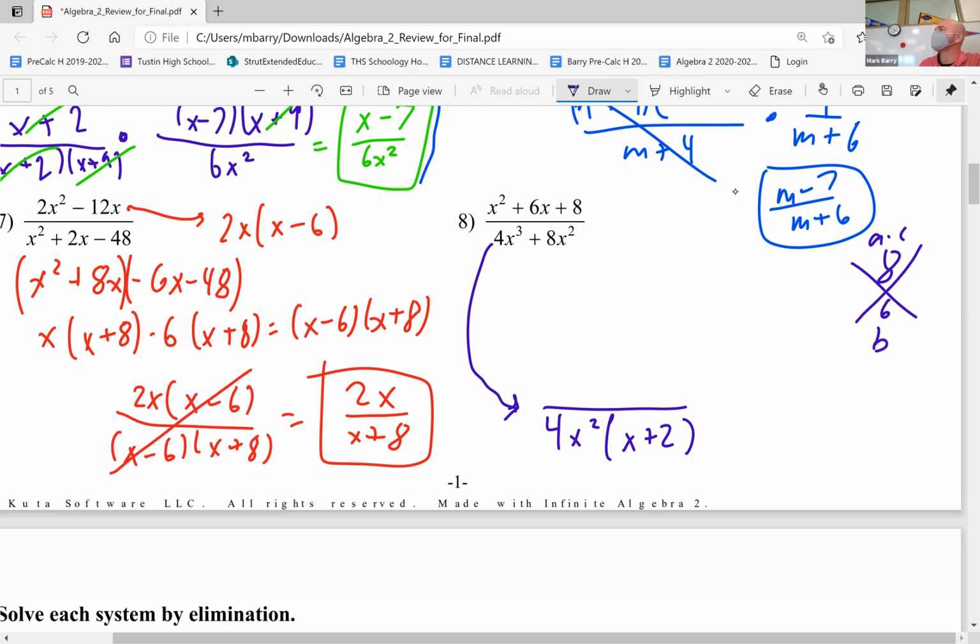All right, so we're thinking of two numbers that multiply to 8 and add to 6. So that would be 4 and 2.